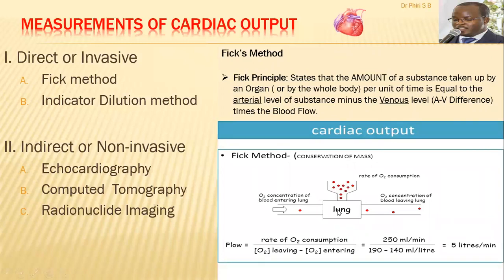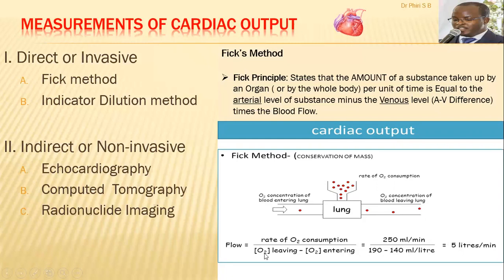The rate of oxygen consumption is the amount of oxygen that is introduced to the lungs. Then the consumption of oxygen is the difference between the venous level of oxygen and the arterial level of the oxygen before it returns to the lungs. So you'll be able to know how much oxygen has been used by the body. By using these values, you'll be able to estimate cardiac output.